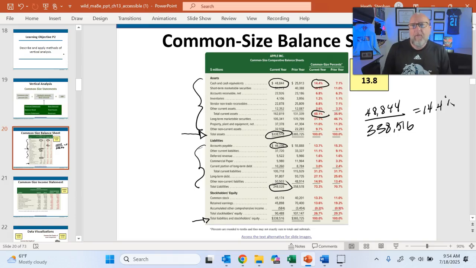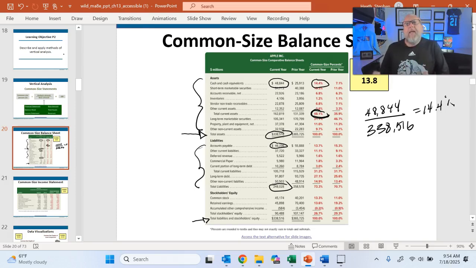And again, it gives us an opportunity to identify areas that we want to investigate, right? So if there's a substantial amount that's tied up in total assets, like our current assets are 48%, maybe it would be the case if our total assets was 80%, that would be something we would want to look into.